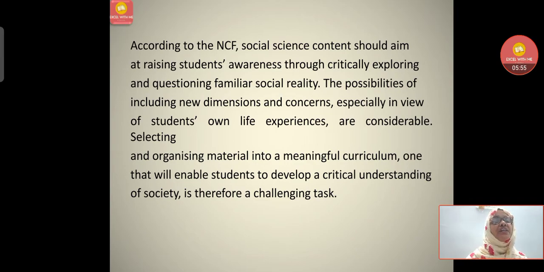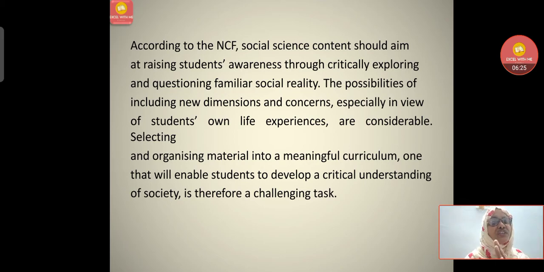Now, according to the NCF, social science content should aim at raising students' awareness through critically exploring and questioning familiar social reality. The possibility of including new dimensions and concerns, especially in view of students' own life experiences, are considerable. So, real experiences and our teaching will make the students think critically.